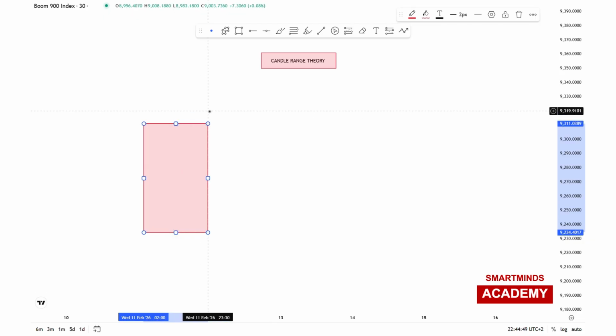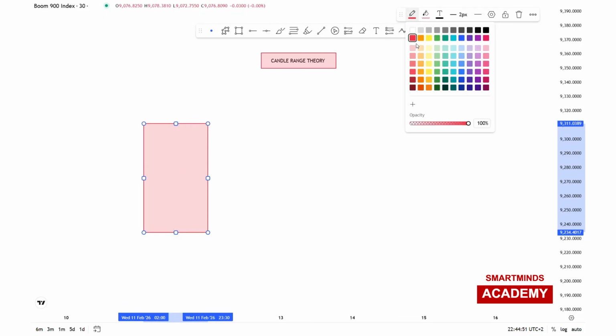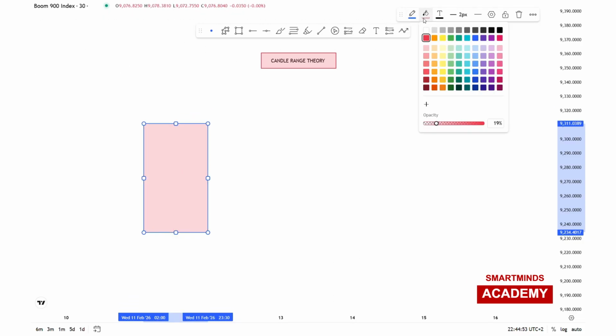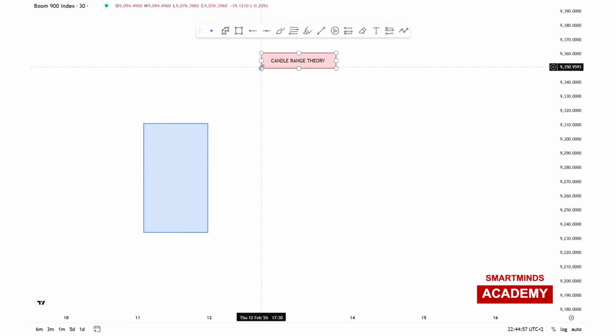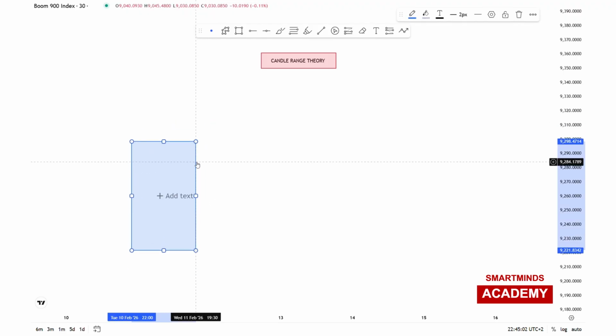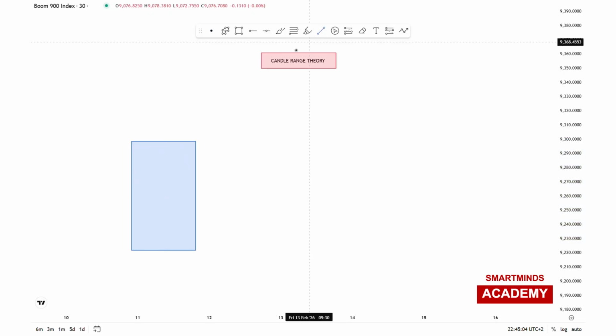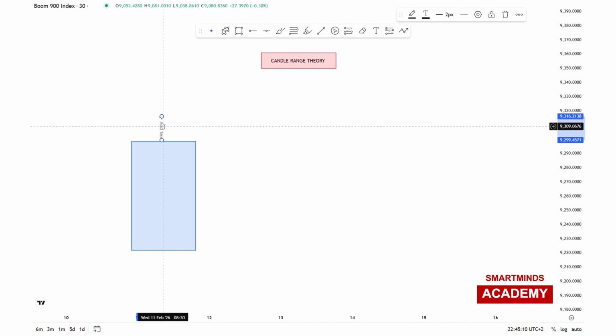Either you are in a bullish market, say this is a bullish market, I'll use blue for such. This candlestick is bullish, and then the one that follows should be bearish. Let's assume we have a wick at the top and at the bottom.